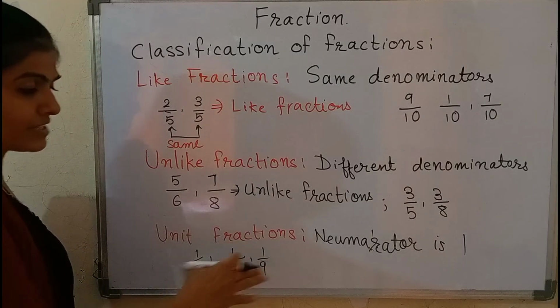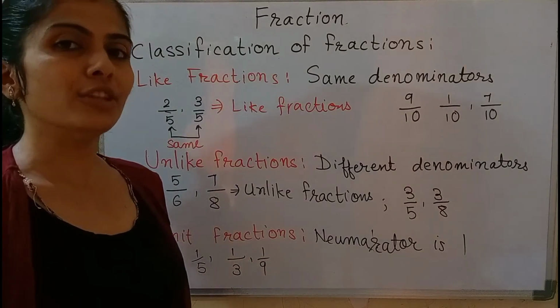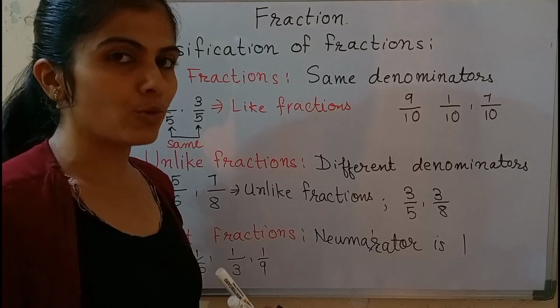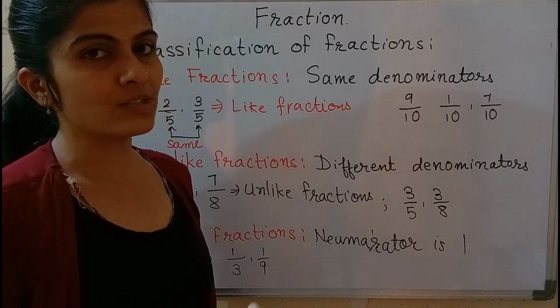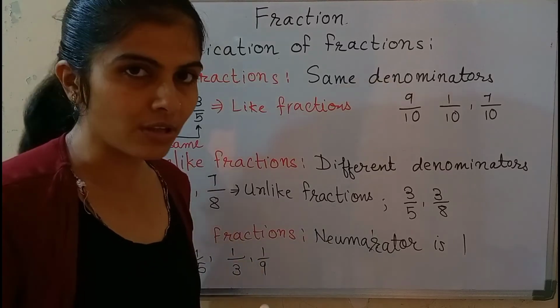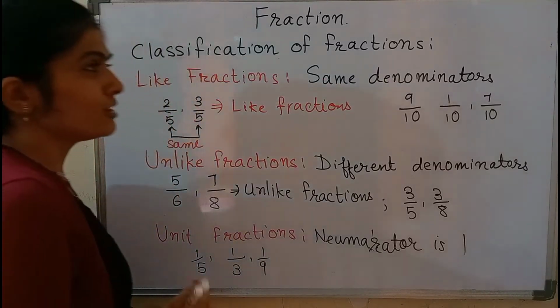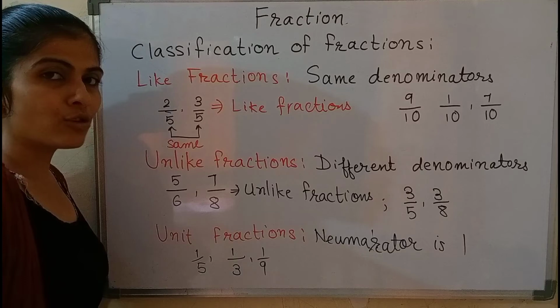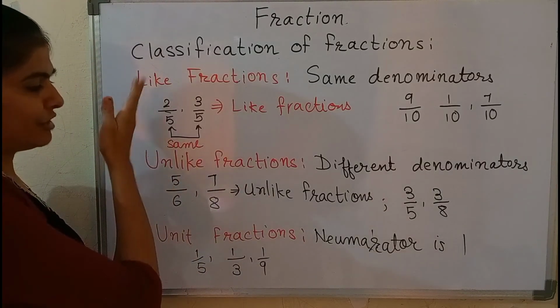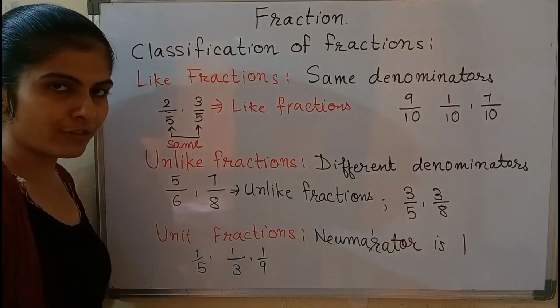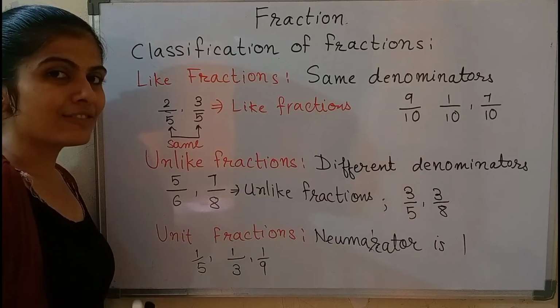So this classification is based on the value of the numerator. The numerator must be 1 and the denominator could be any number other than 1, because if it is 1, then it could be represented as a whole number, not as a fraction. So this classification is done based on looking at either the numerator or denominator: like fractions, unlike fractions, and unit fractions. There are 3 more classifications.